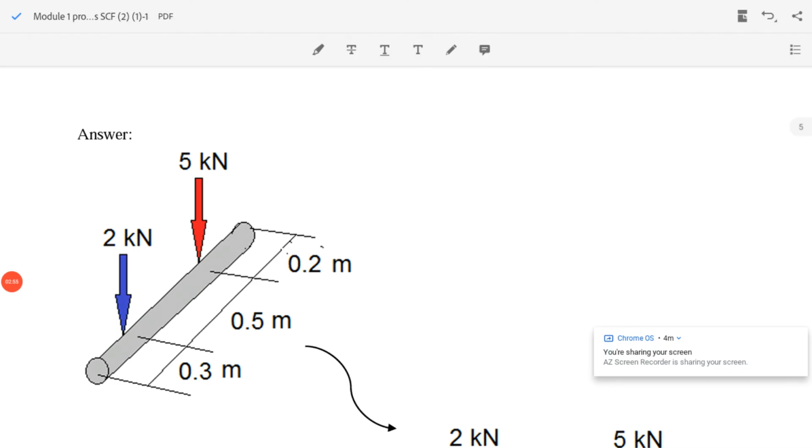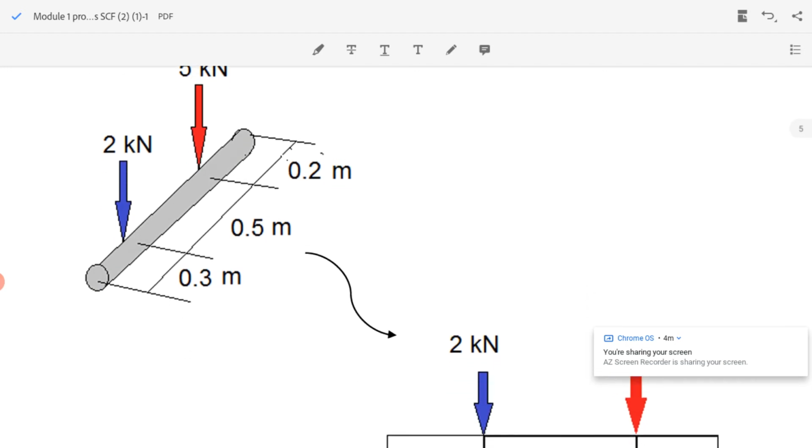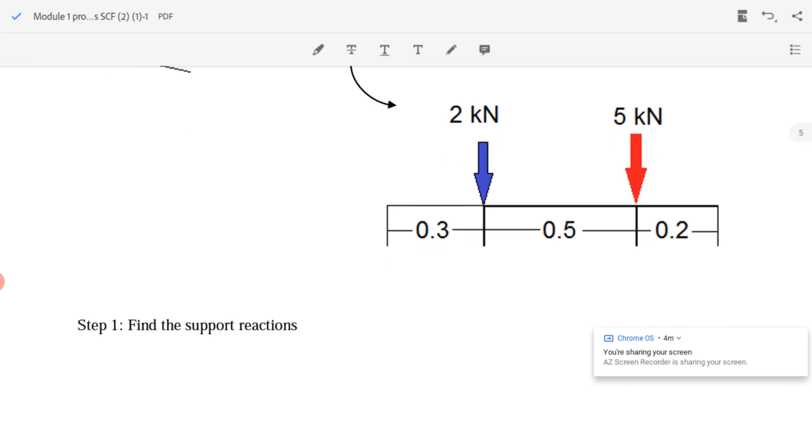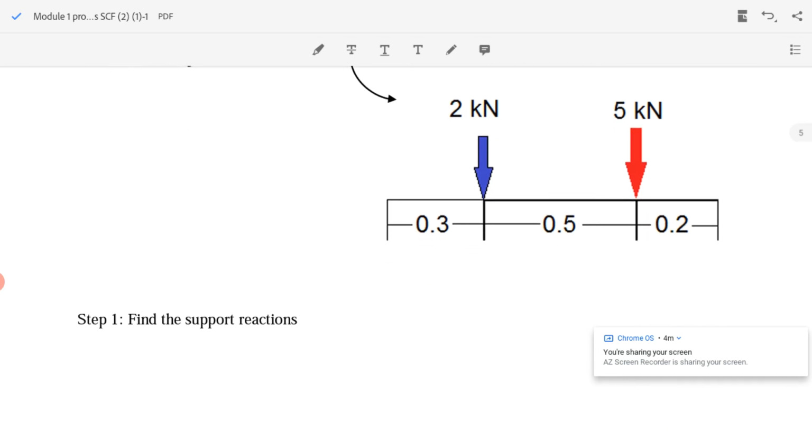To find the bending moment, it is a very easy step. First thing we have to do is convert this perspective view to the front view. So I will be drawing that front view in which I can see the loads and the distance between different points. Okay.